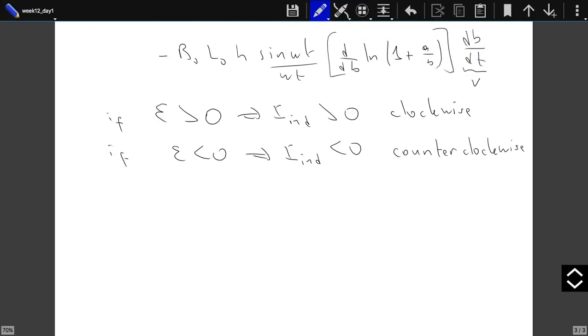Now, any questions on these induced currents, induced electric field, how to determine the direction, both using the Lenz rule and using epsilon is equal to minus d phi b by dt? Most of the time it will be easier to determine the direction of the induced current using the Lenz rule.